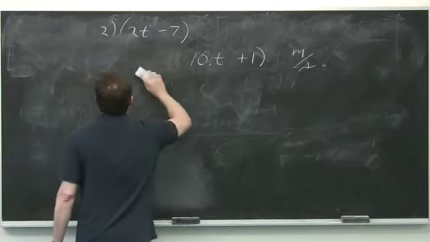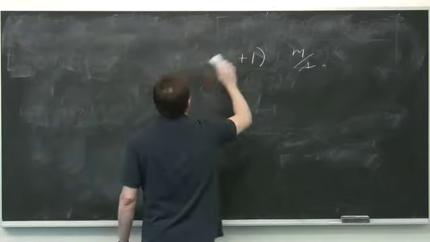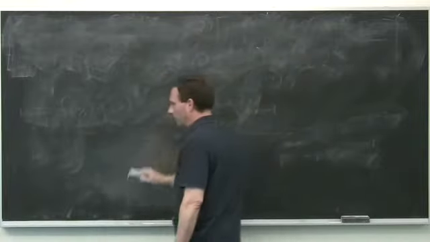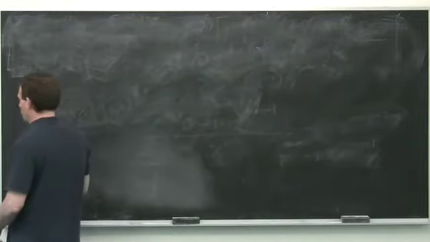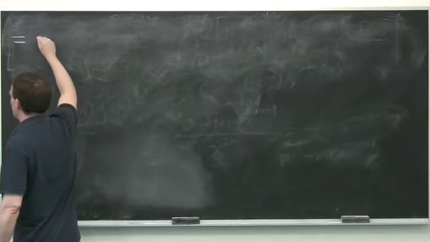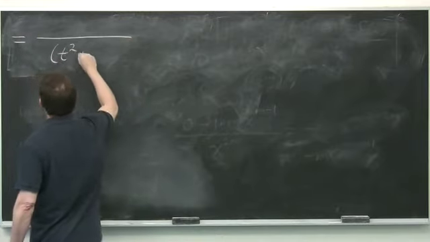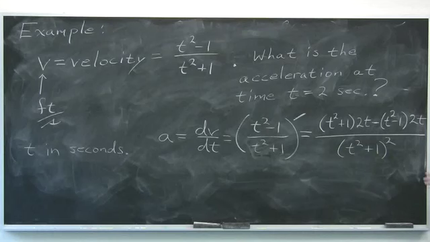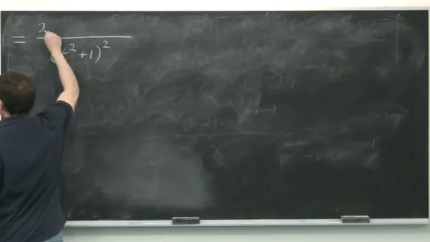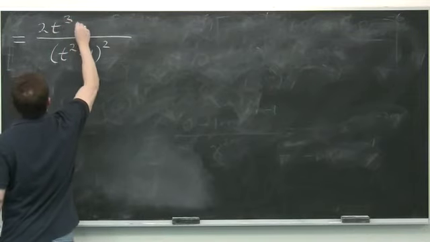But we might want to simplify it a little bit. In general, the instruction to simplify is difficult to make precise. What looks more simple to one person doesn't always look more simple to another. But let's neaten this up a little bit. You multiply this out, you get a 2t cubed plus 2t.